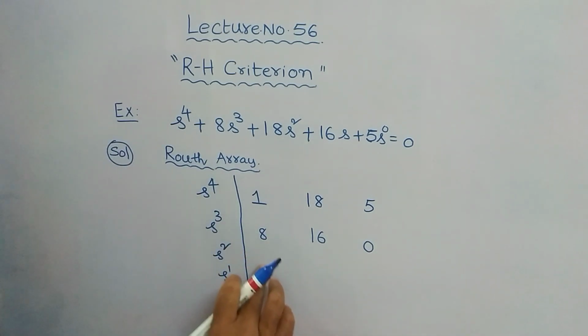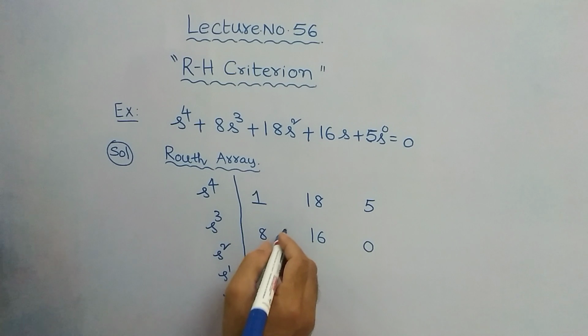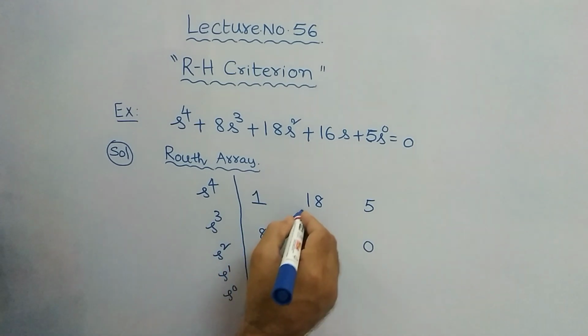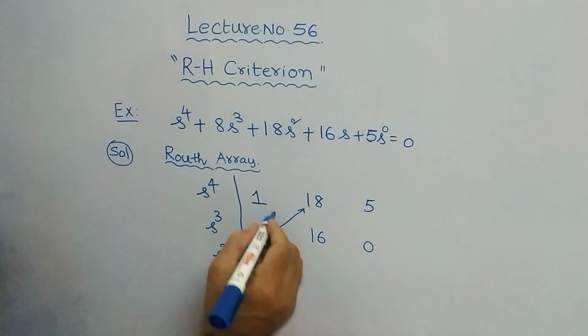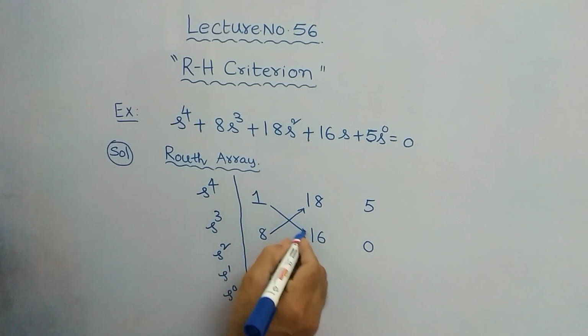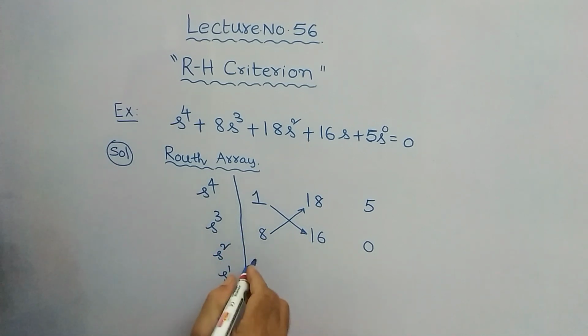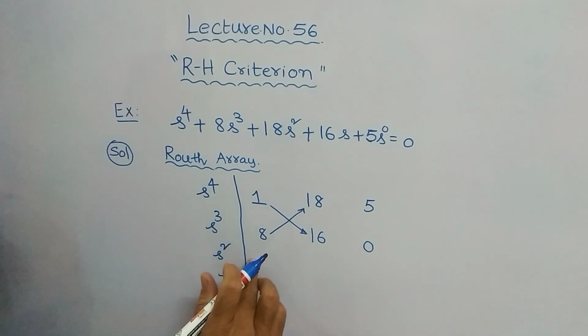Now let us see carefully here. In order to find the value of s square, you need to do 8 into 18 minus 1 into 16, divided by 8. I will write it here.